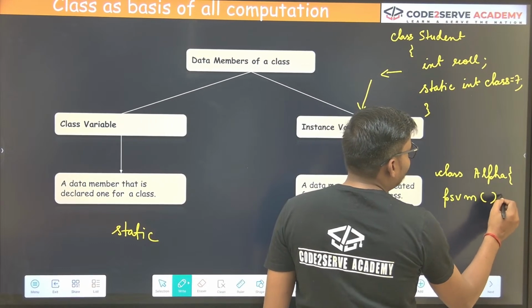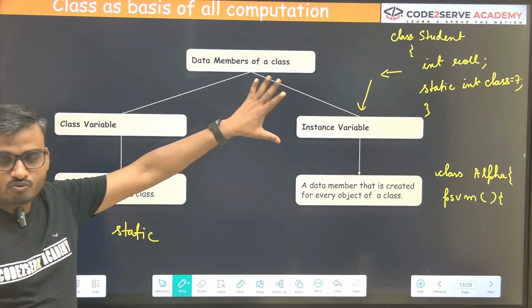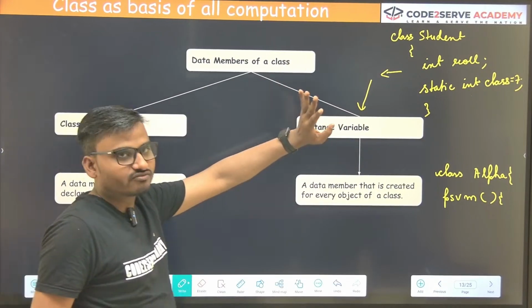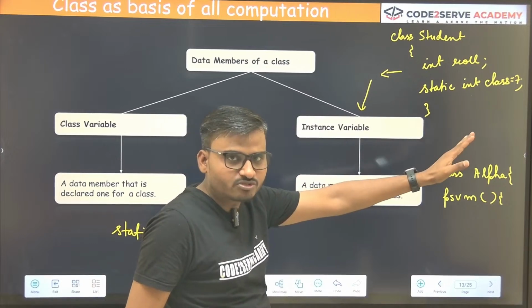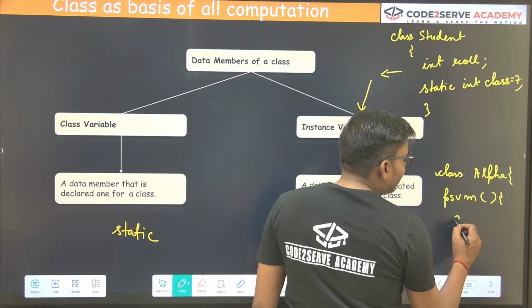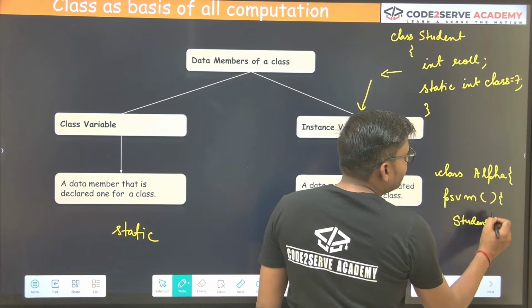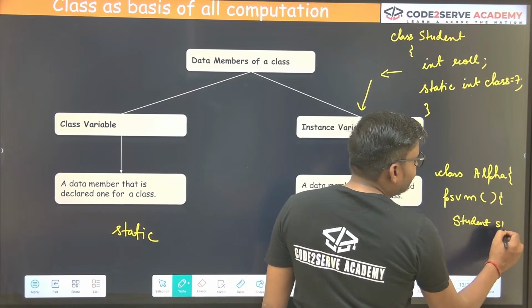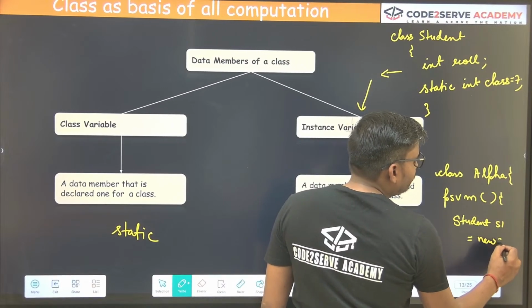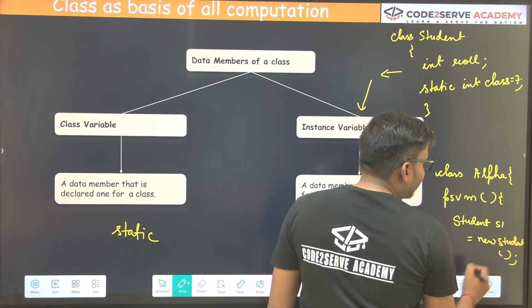Inside the main method, we declare one object. We'll learn how to create an object, and I will show you an example later again. So just follow this: student s1 is equals to new student.